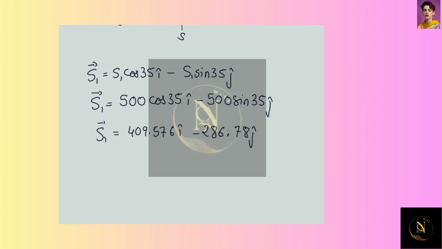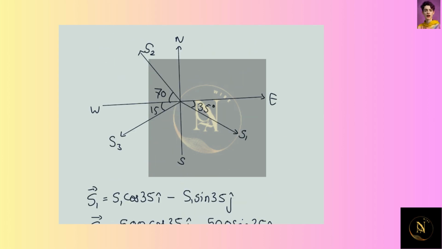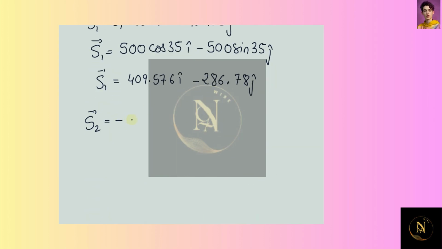Then similarly we will find S2. S2 is pointing towards negative x and positive y, so it will be minus S2 cosine 70 I cap plus S2 sine 70 J cap.